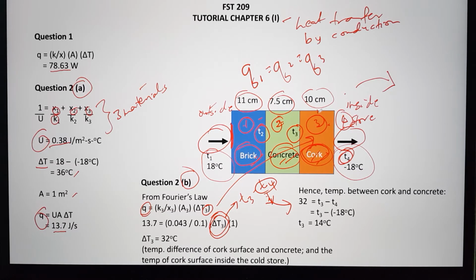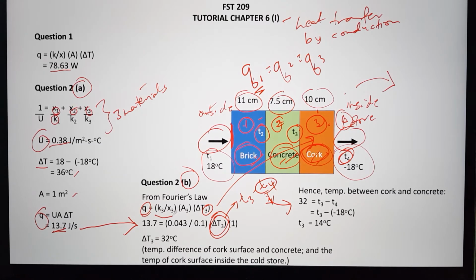At any part of this material you have the same value of Q. So from question 2A, the value of Q has been determined as 13.7 joules per second, so use this value again.